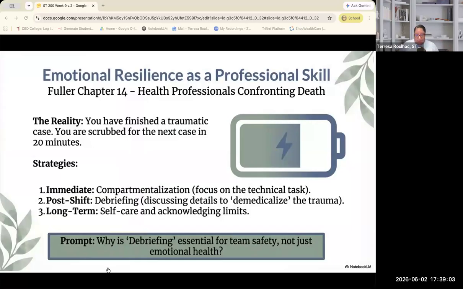Now, here's the reality. You're going to finish a trauma case, and 20 minutes later, you're scrubbed in again. Trust me, I know. That very first case I shared was my first case of the evening. I was preparing for the case. I was working 3 to 11. This case happened around 5 o'clock in the evening, and later we found out what transpired.